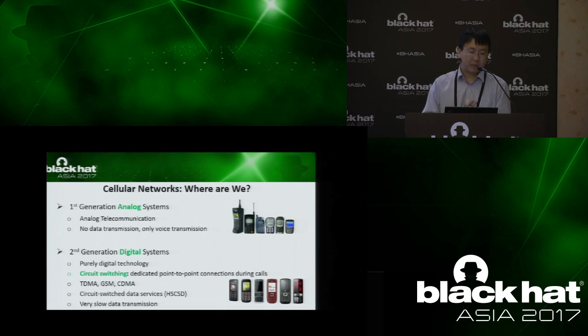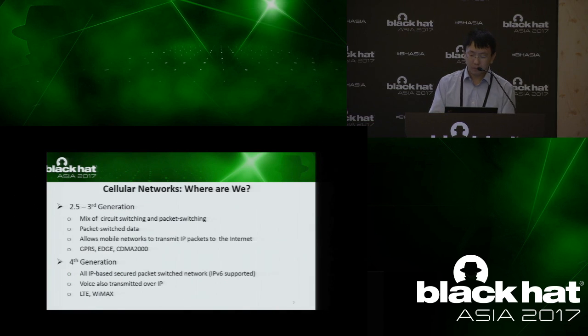And this circuit switching is either based on time division multiple access, TDMA, for example GSM, or code division multiple access, CDMA. And based on this network, circuit switched data services were provided. The big name is HSCSD, which is high-speed circuit switched data. And 2G provided us the first slow data transmission.